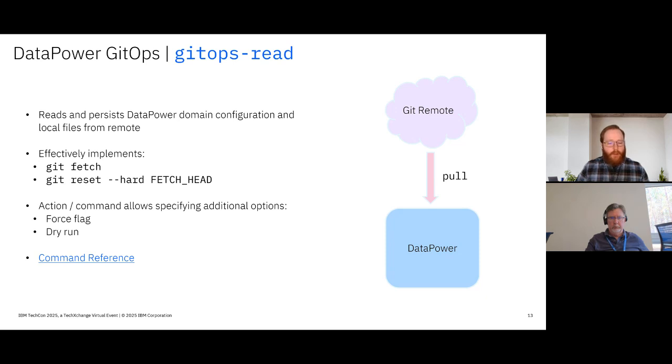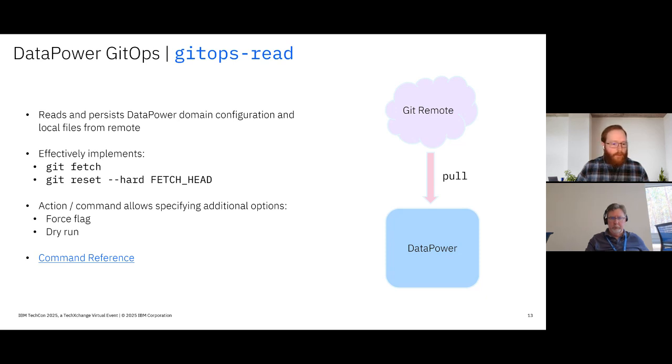So you're not going to see your front-side handlers go down if you're not actually making changes there. So this is an intelligent read where we'll only apply the configuration that has changed on the remote. And of course, the local files will get overwritten if they're changed.